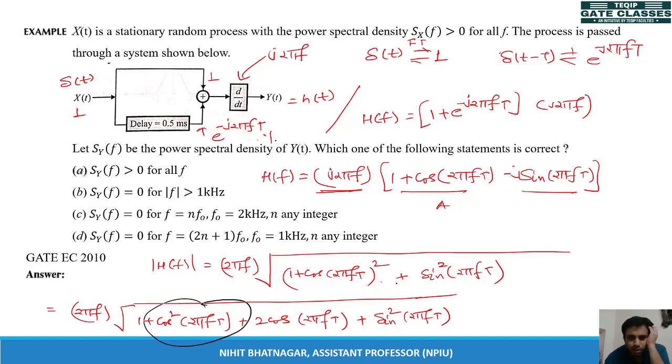So the square terms and this plus 1 become 2.